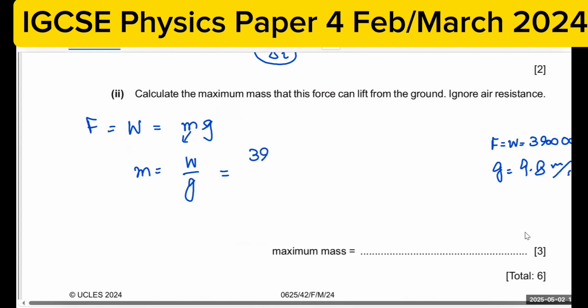So when you solve it, you will get the mass of the rocket. That will be equal to 4 times 10 power 5 kg. There is no unit given, so the unit of the mass is kilogram.